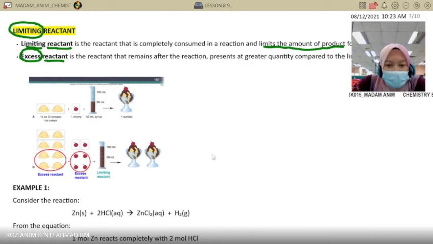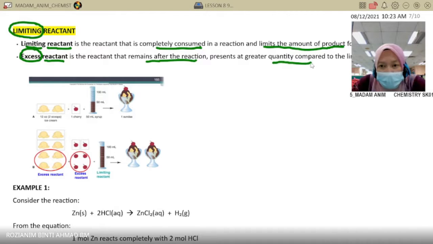Dalam masa yang sama, the function of the limiting reactant it's completely consumed. Dia akan habis guna. So tak ada baki dah. Tapi kalau excess reactant, dia masih ada lagi at the end of the reaction. And then the quantity of the excess reactant should be greater than limiting reactant.